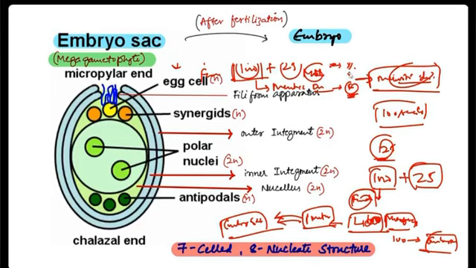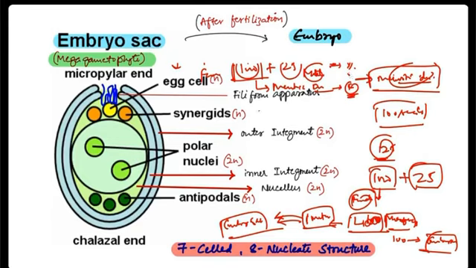Do you want me to explain, or you already understood how it is 100 meiotic divisions in case of female? Good if you understood it.